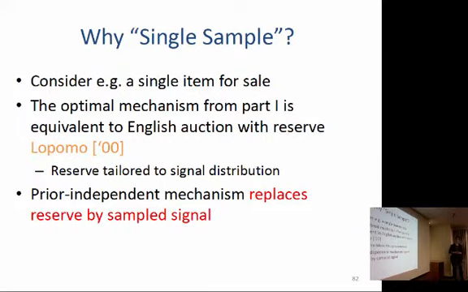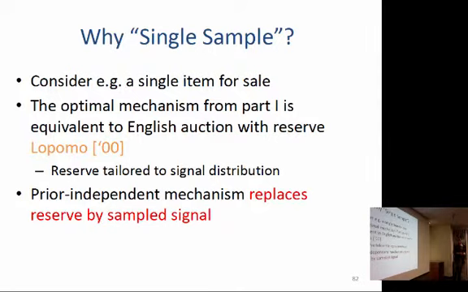Why is it called a single sample mechanism? To get the intuition, think of a single item auction. We know what the optimal mechanism is because we have the results in part 1. Because we have a symmetry assumption here, just like in the IPV model, the optimal mechanism is just a second price auction with reserve.